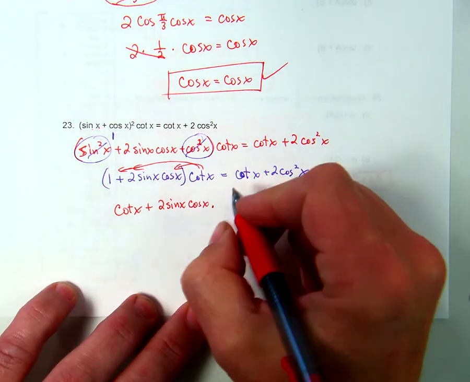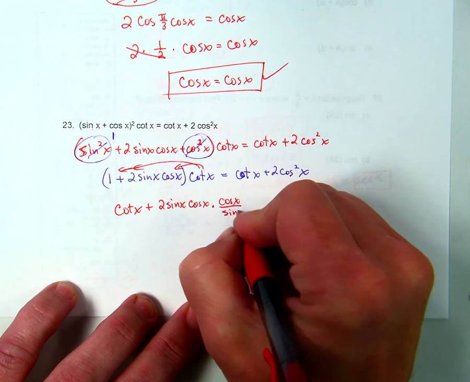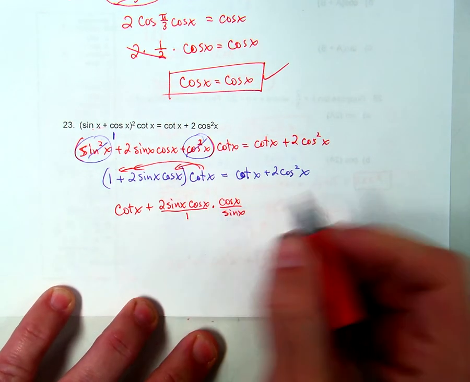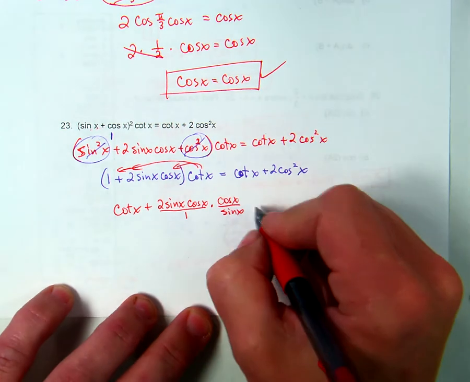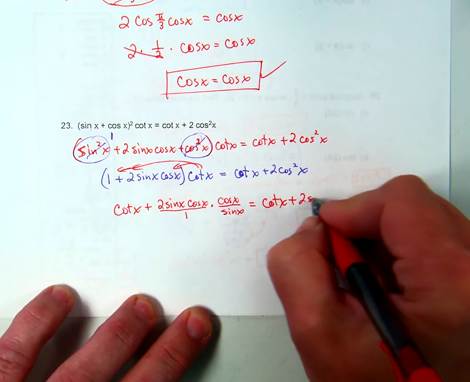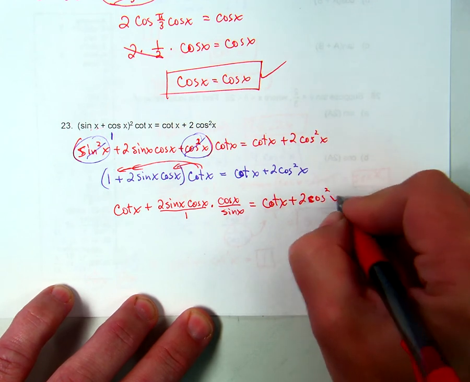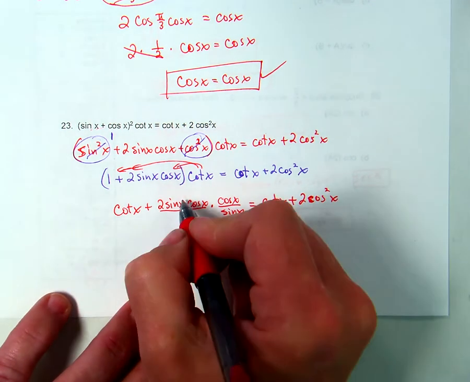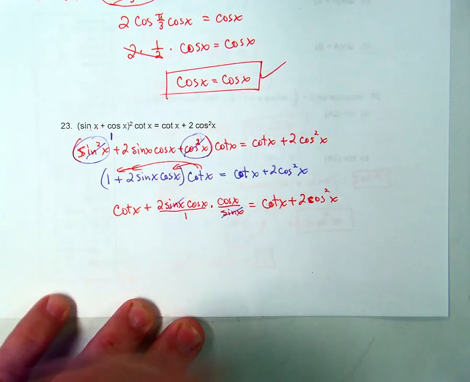Which is cosine x over sine x. So this is cotangent, but just in the form of cosine and sine. And that equals cotangent x plus 2 cosine squared x. If you notice, my sines on the second term here will cancel.